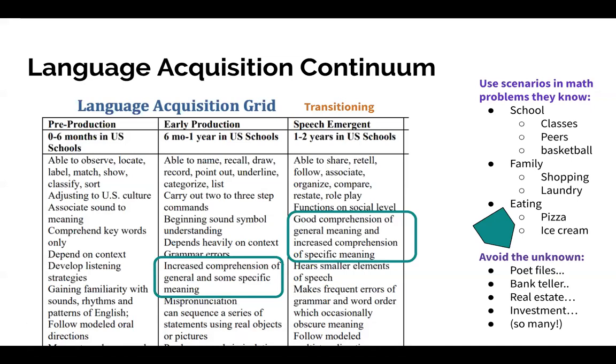Use something like Mike went to the basketball court and shot 3 hoops one day and then 6 the next day. Don't talk about the bank teller unless you're specifically teaching them about the bank, which is fine too. Don't put in words like real estate. They don't know what that is, or investment. There's so many of these that wouldn't fit on this page.